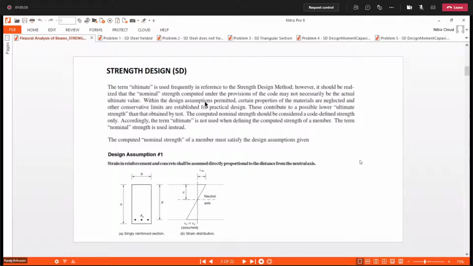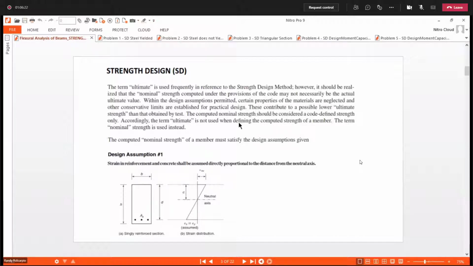So within the design assumptions permitted, certain properties of the materials are neglected and other conservative limits are established for practical design. So yung content ng mga formulas na ginagamit natin, meron tayong mga assumptions doon para yung result natin conservative.